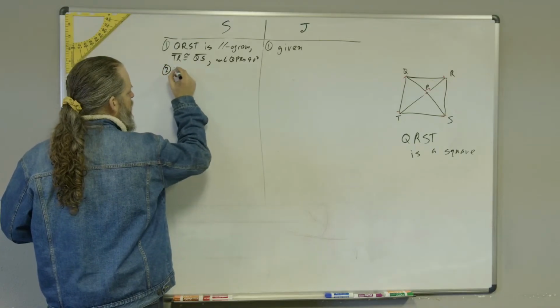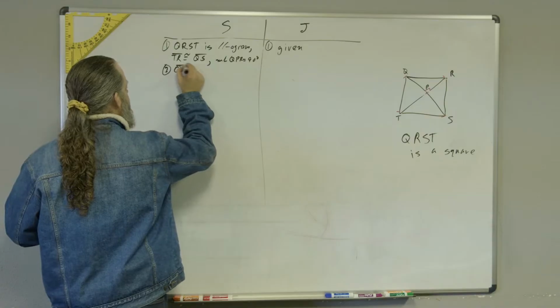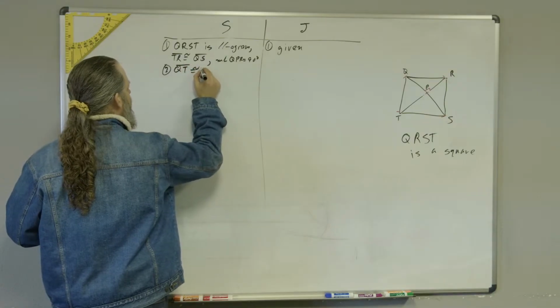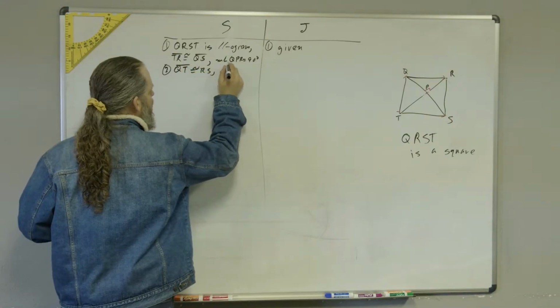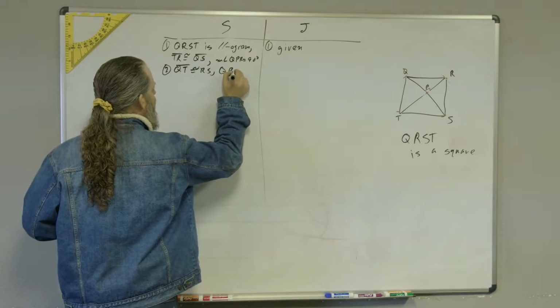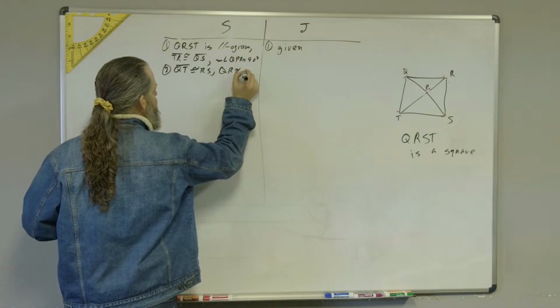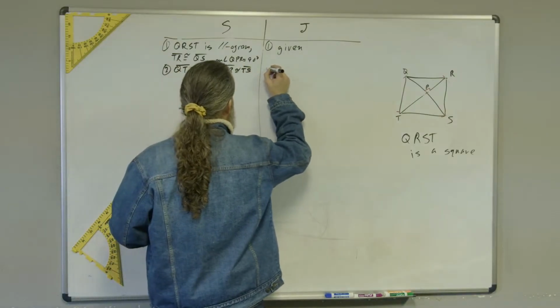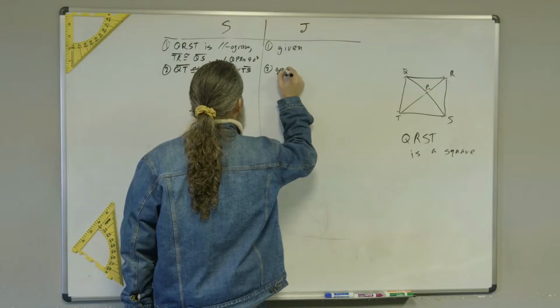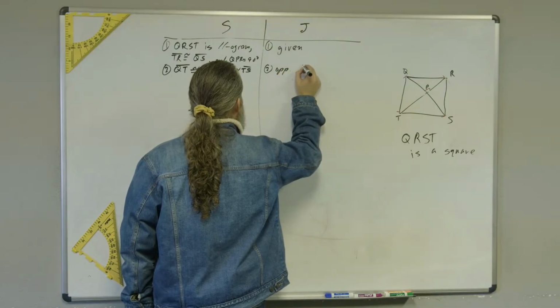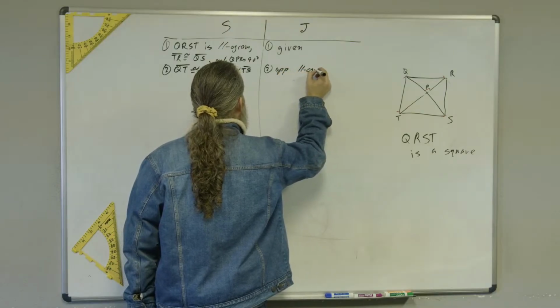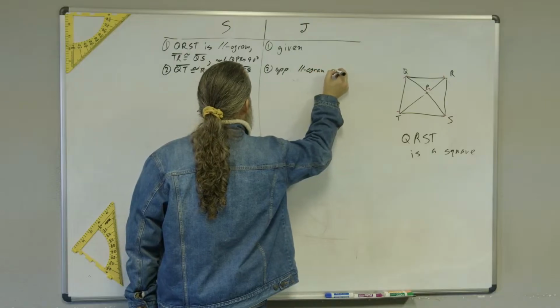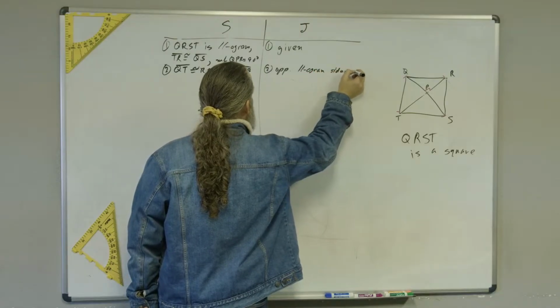Okay, so QT is congruent to RS, and QR is congruent to TS, because opposite sides of a parallelogram are congruent.